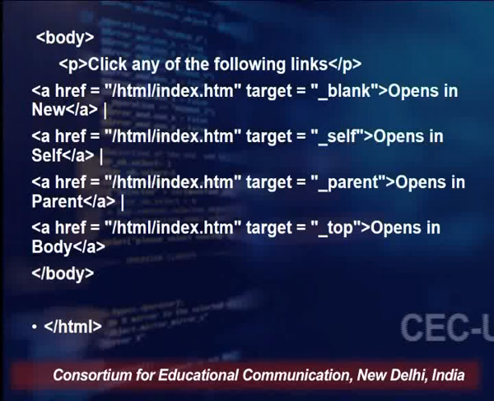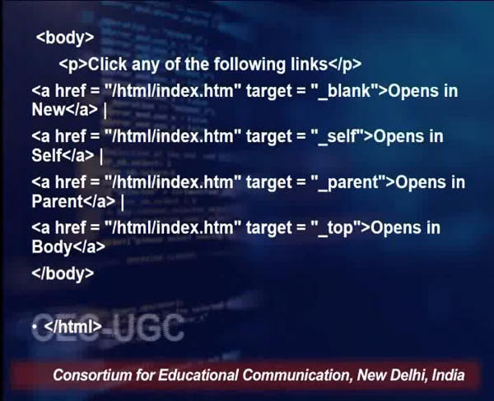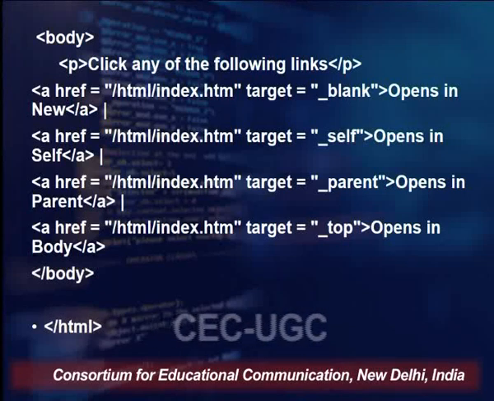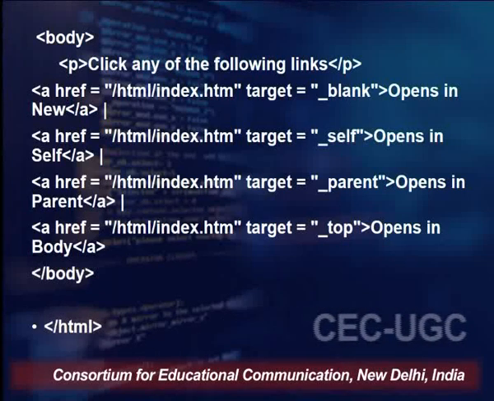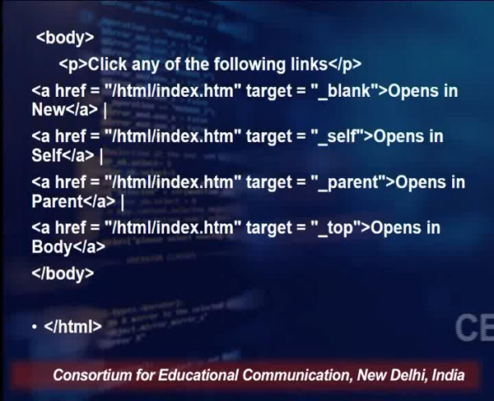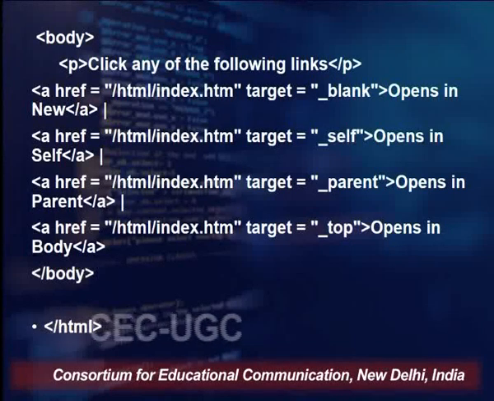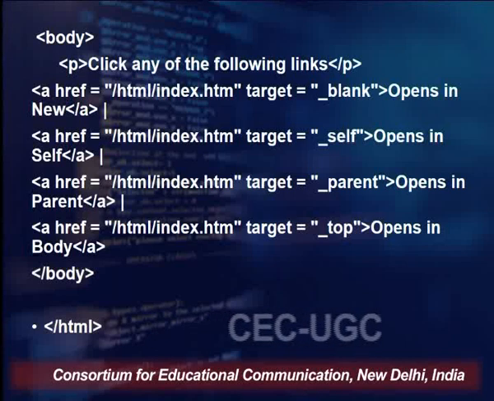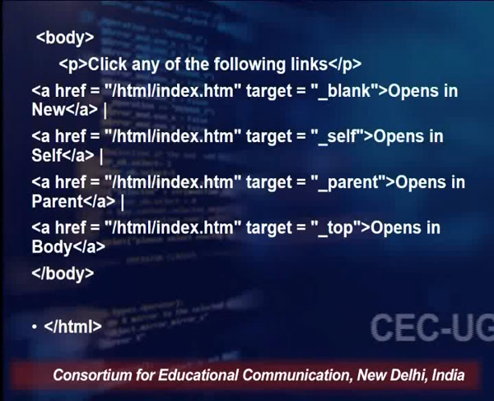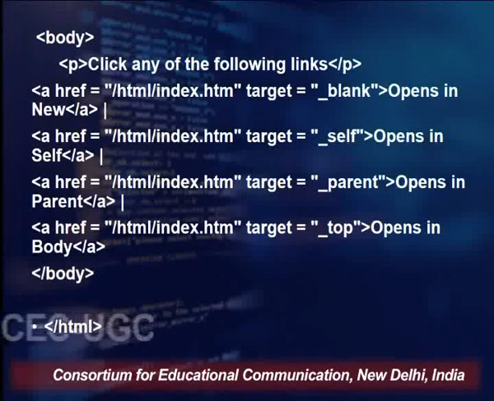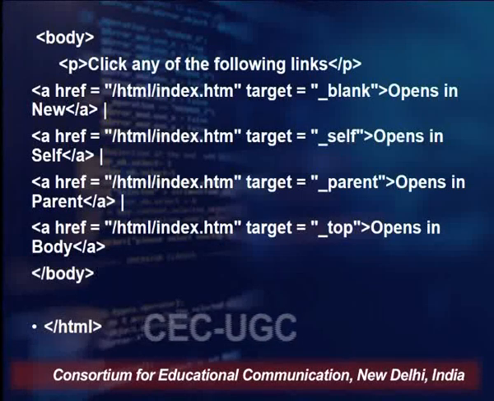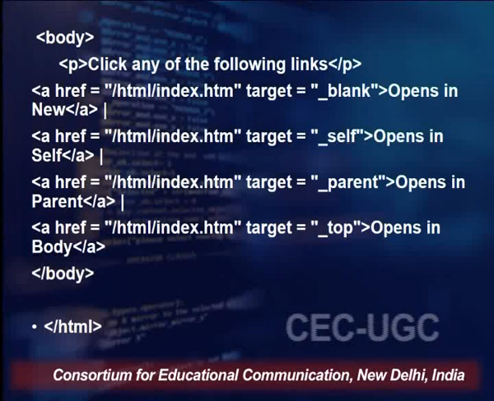For example, I am saying click on any of the following links. It's just a normal paragraph text, and I have given here four links, and all these four links will open differently. That means the location on which these are going to open will be different, and that depends on the value of the target attribute.